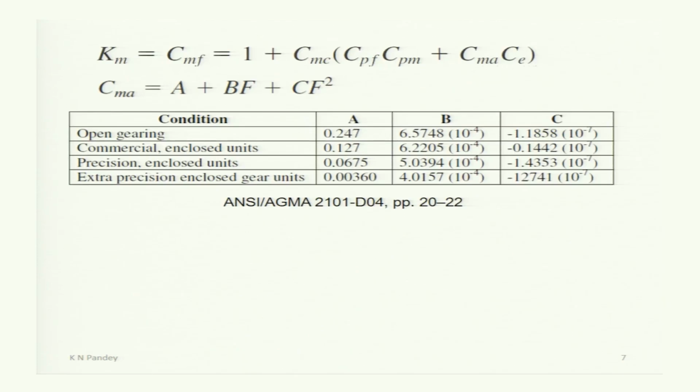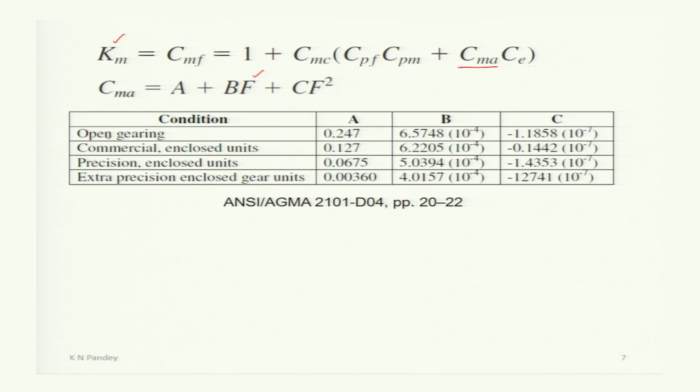Now, the next factor in the equation of mounting factor Km is Cma. It is given by an empirical formula: capital A plus capital B multiplied by the face width of the gear, plus capital C multiplied by the square of the face width of the gear, where the constants A, B and C are determined from this table depending on the conditions.